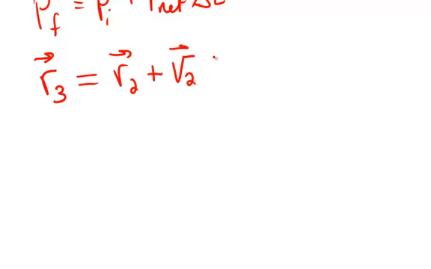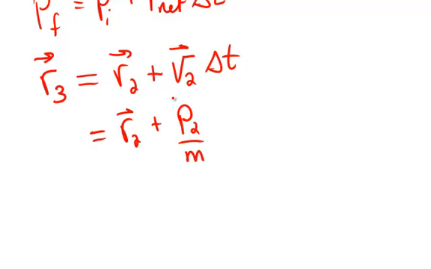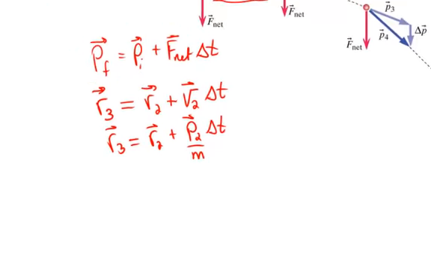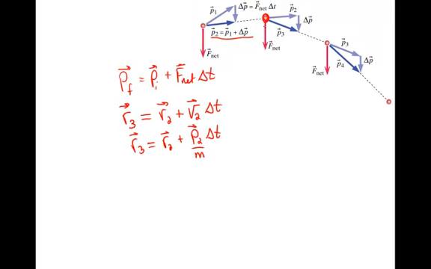Since we're dealing with velocities that are smaller than the speed of light, we can use the non-relativistic approximation. So this is going to be R2 plus P2 over M delta T. So that gives me my new position here.